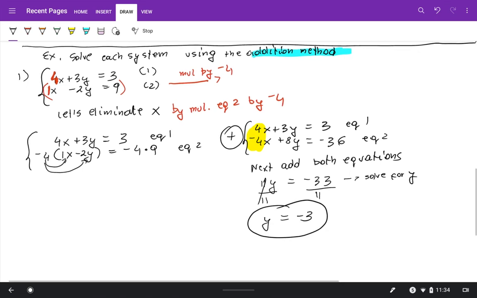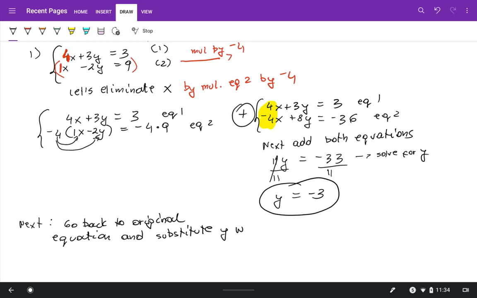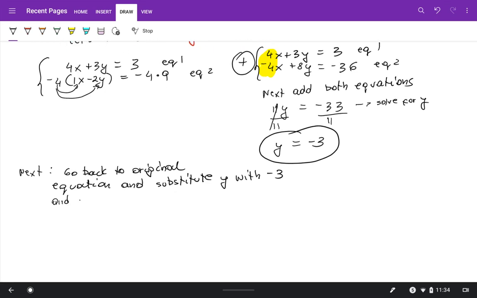Now, when you have one variable, what you do next is go back to the original equation and substitute y with -3 and solve the equation for x, because we still need to figure out what x is.